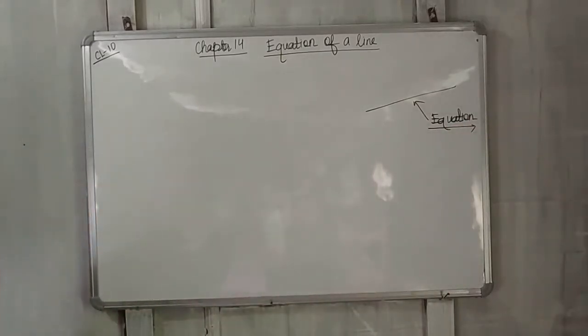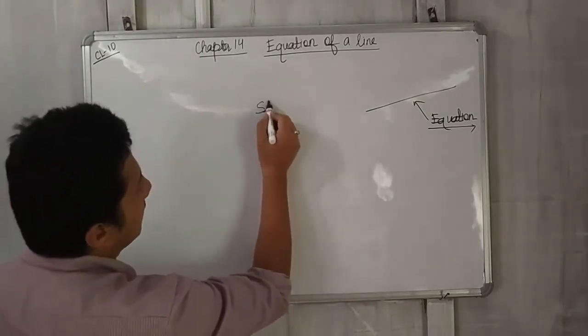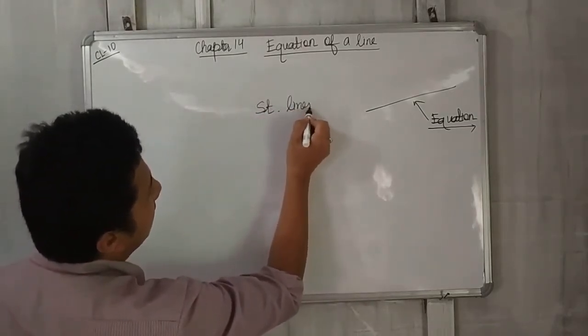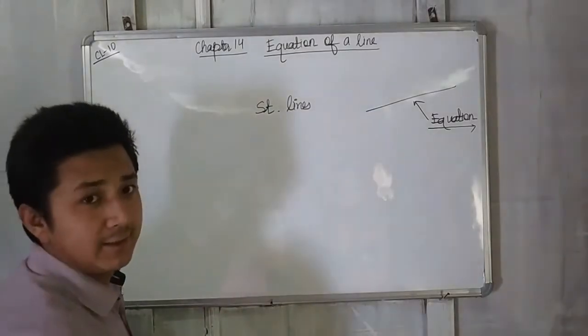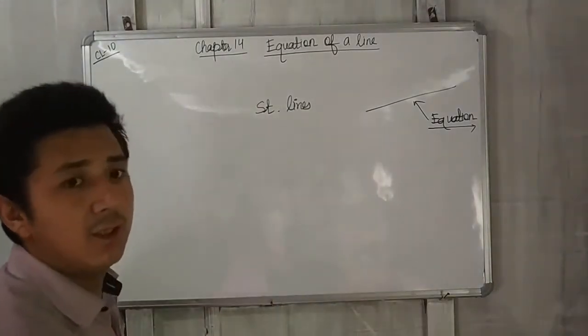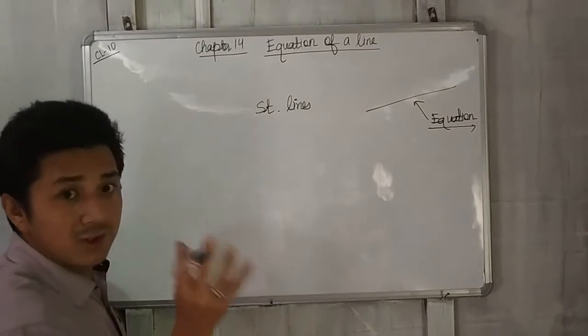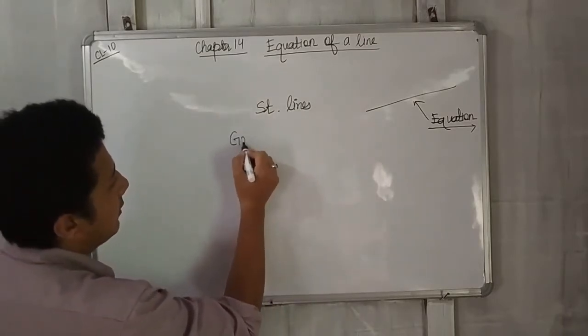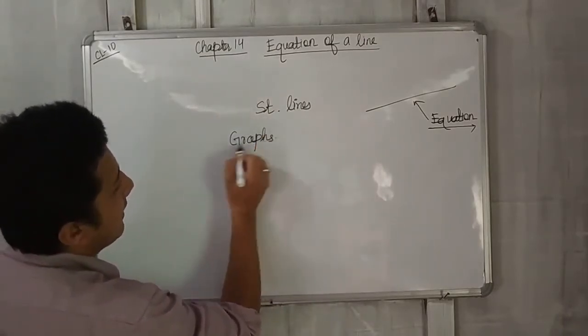Now talking about straight lines, we have done straight lines in class 9. Not exactly the chapters, but we have drawn straight lines by using graphs.